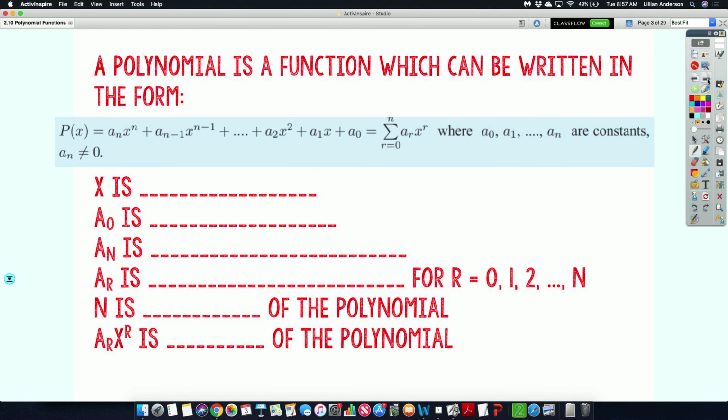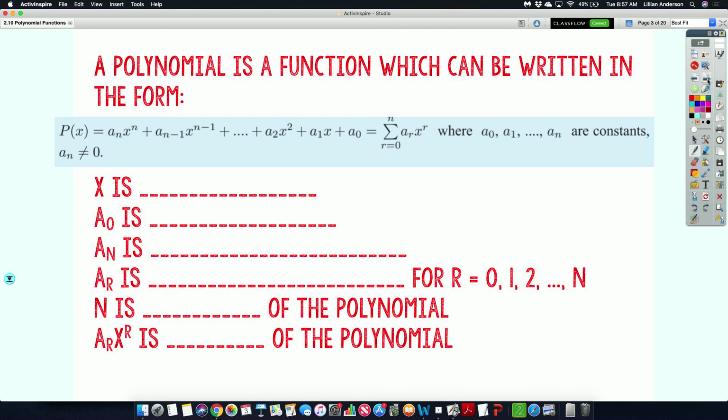A polynomial function, as you should remember, is in the form of what you see below. That is the general form of a polynomial function. X plus 3 is an example of a polynomial function, it just has a special type of name. X squared plus 2x plus 3 is another type of polynomial function.